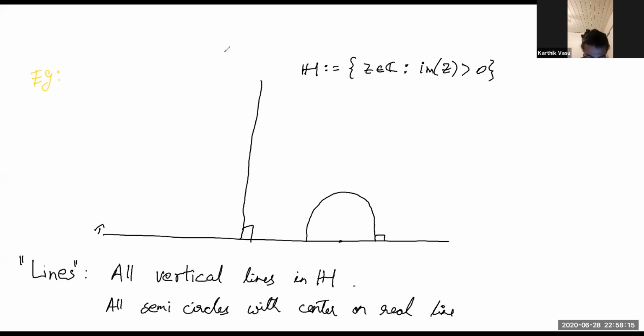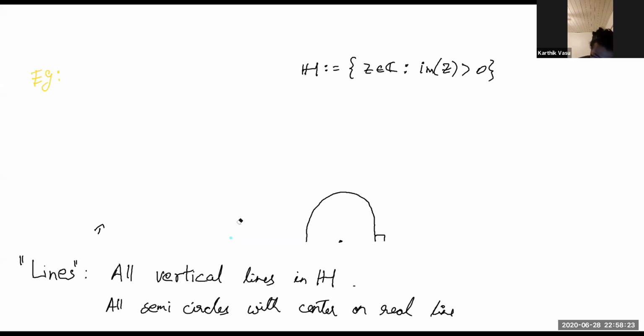Suppose you have this yellow line and this point not on it.